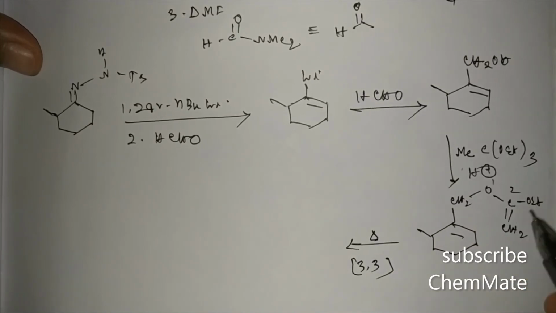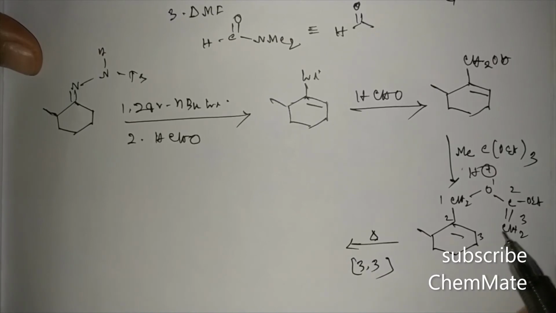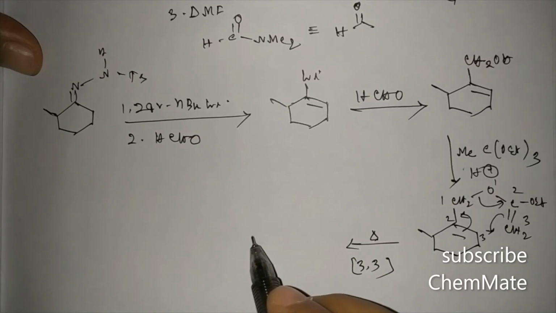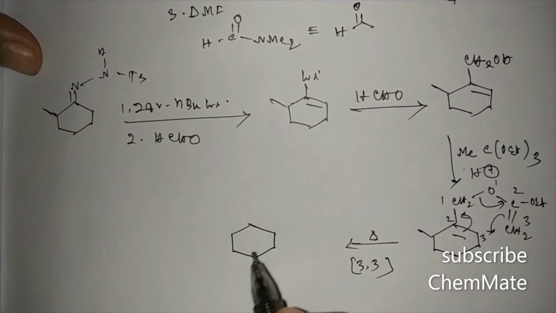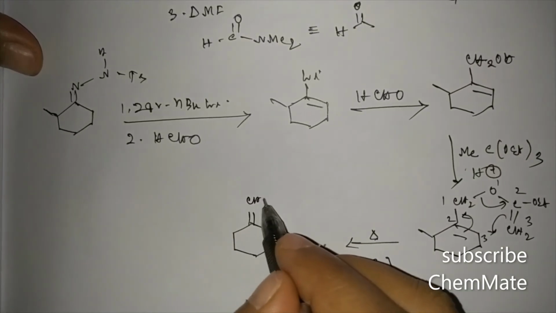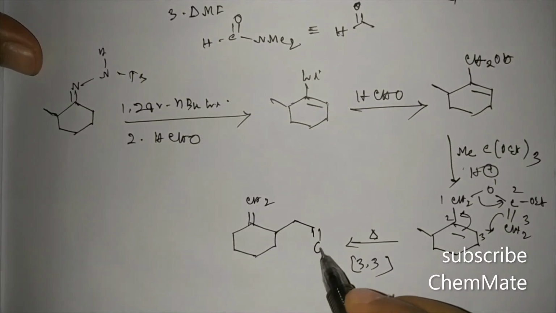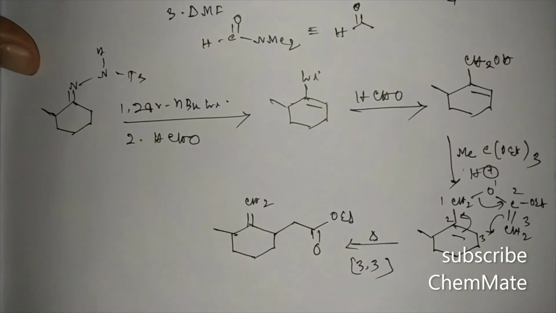Here 1 2 3, 1 2 3, so a 3,3 sigmatropic rearrangement will take place. This reaction is known as the Johnson-Claisen rearrangement. The product has a double bond, CH2, CH2, C double bond O, OEt. So this will be the product.